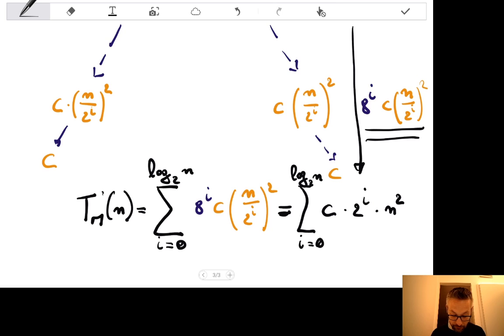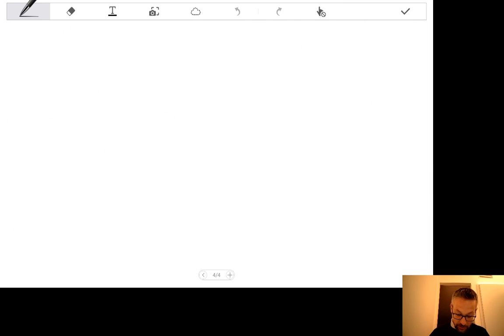This is it. So this is the complexity of our algorithm, which let me again try to simplify.